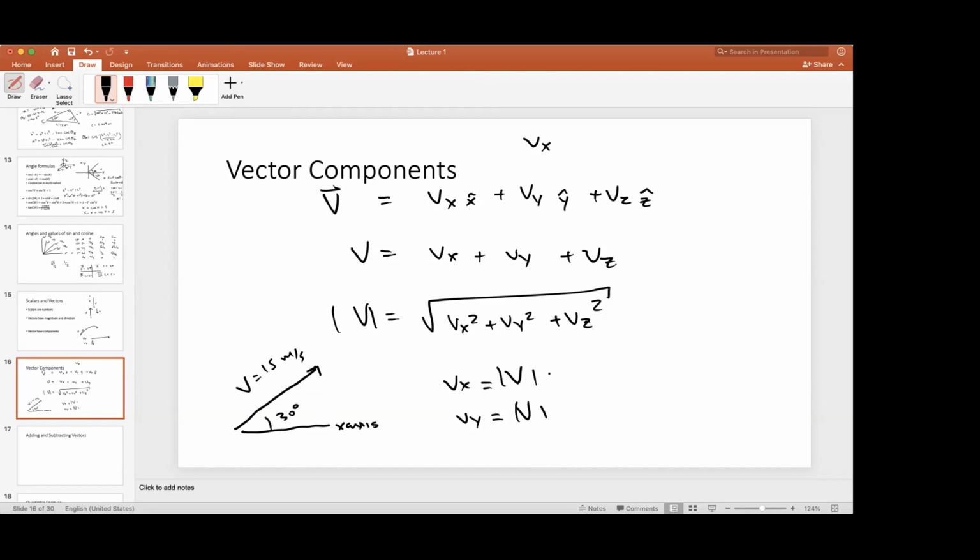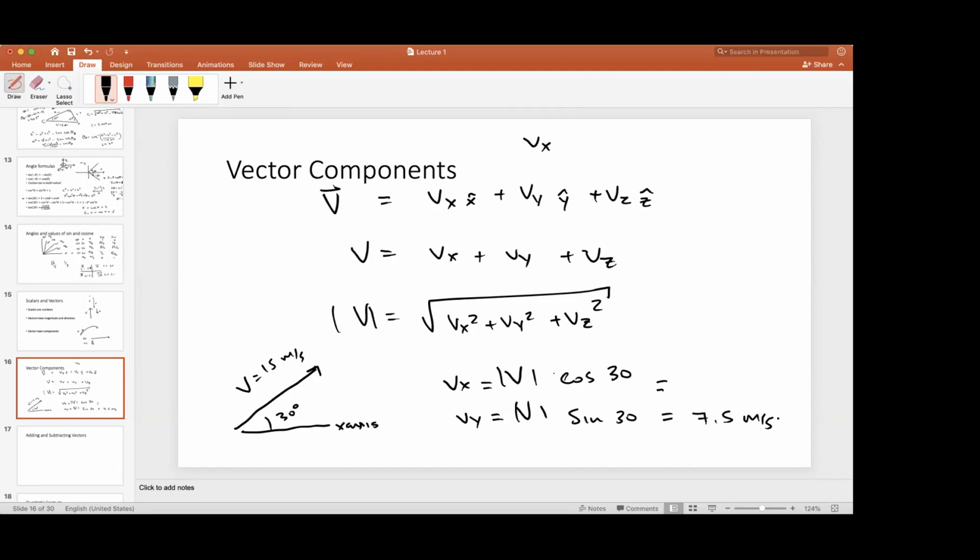V times cosine of 30 is x, and V times sine of 30 is y. Now, sine of 30 is that the half or the root 3 over 2? It's the half. So this is 7.5 meters per second. Okay. You can double check that if you want, just to make sure I didn't mess up.